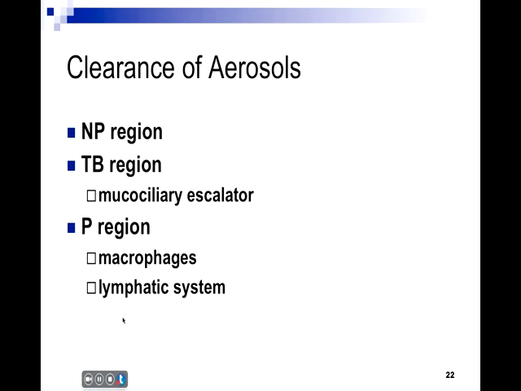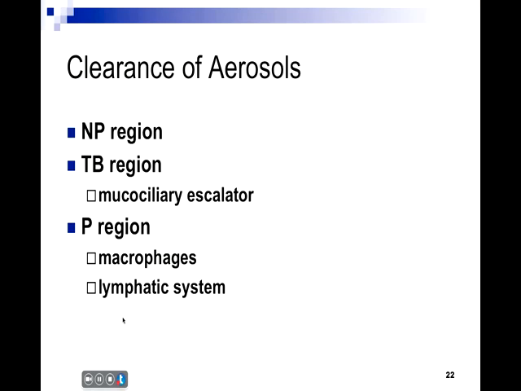Now, if we get an aerosol inside of our lung, how do we get it out? The clearance of aerosols is going to vary depending upon what region of the respiratory tract the aerosol has deposited in. If an aerosol deposits in the nasopharyngeal region, it can be cleared by processes such as coughing and sneezing. If an aerosol makes it to the tracheobronchial region, we have what's called a mucociliary escalator.